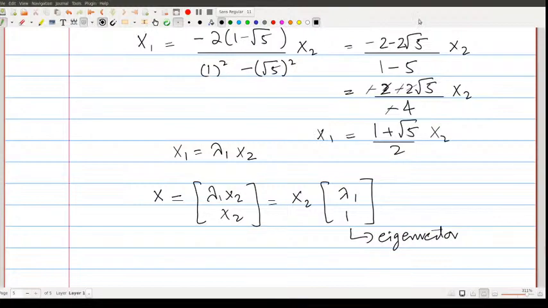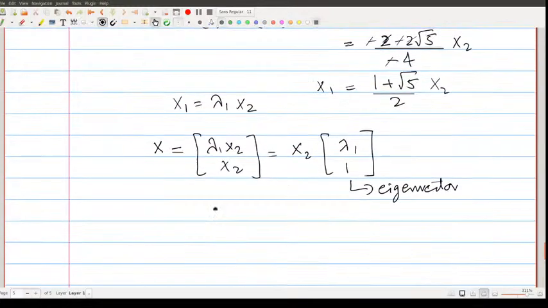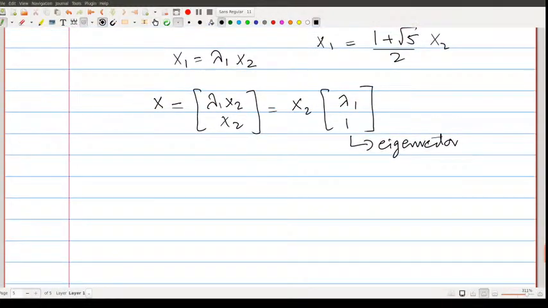And we can do the whole computation for the second eigenvector as well, but I'm just going to guess that this is going to turn out to be lambda 2. So the second eigenvector for lambda 2, which is (1 minus square root 5)/2, is just going to be x2 times (lambda 2, 1). So these are the eigenvectors.